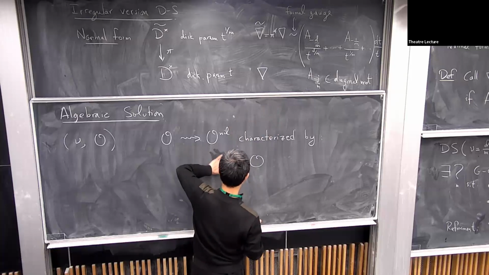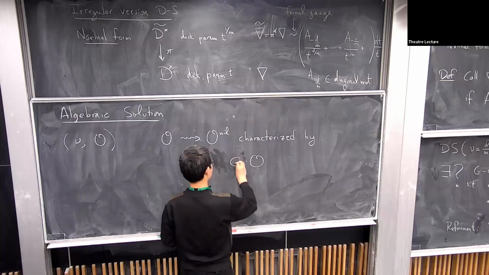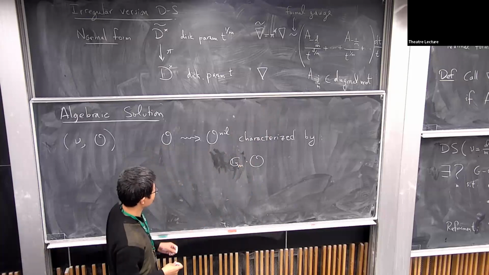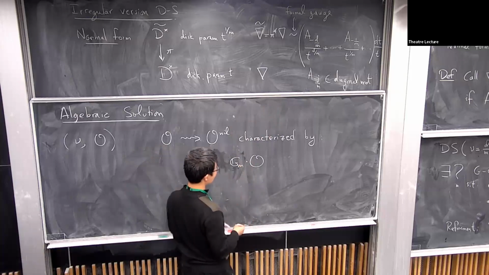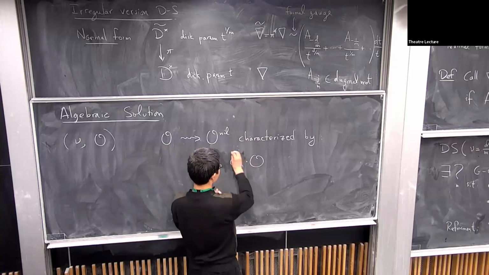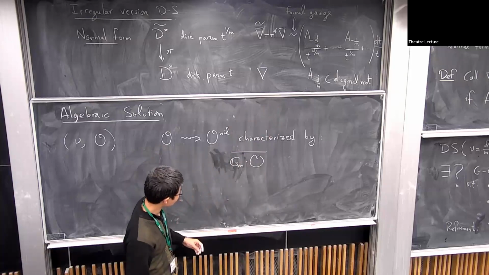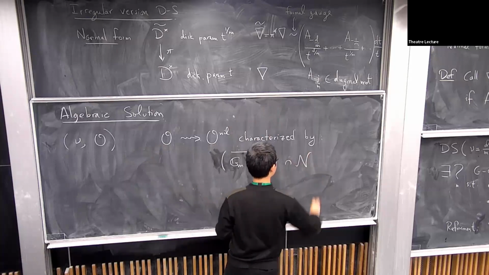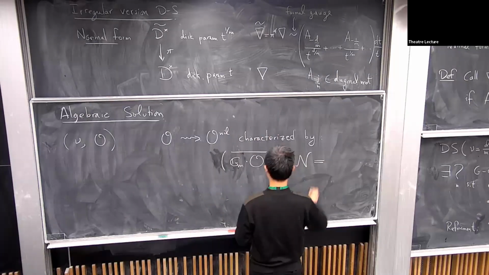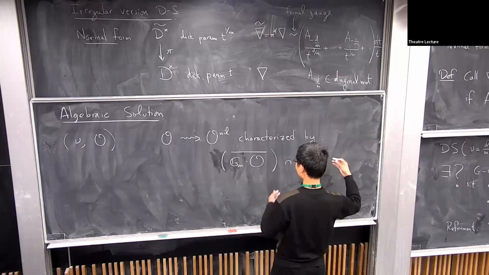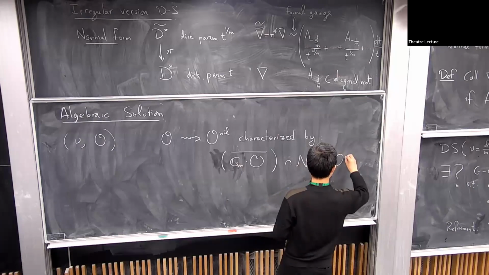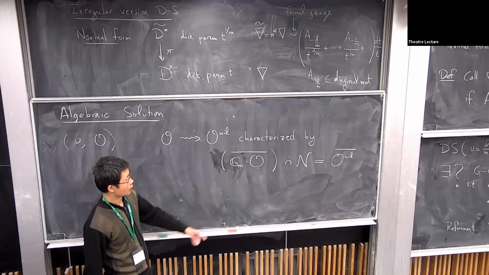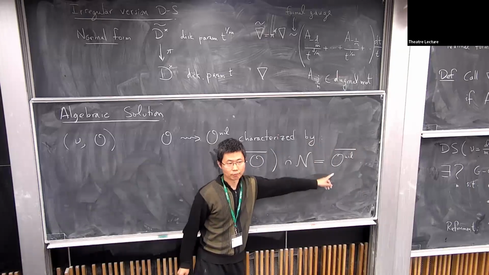Sorry, so let G_m, the dilation of elements in the Lie algebra, act on O. You take the saturation and take closure. So this is going to hit the nilpotent cone. If you intersect with the nilpotent cone, this will be an irreducible G-invariant variety, and therefore it has to be the closure of some orbit, and that's the definition of O_nil.